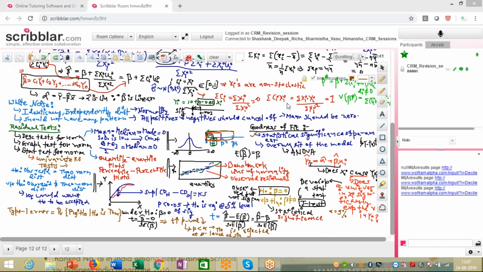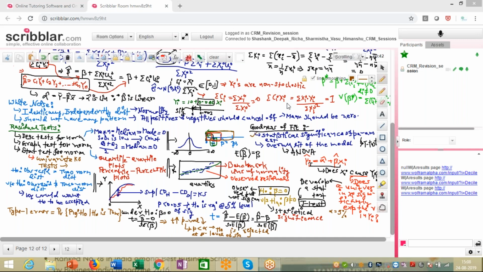Now, if I see that the actual chance of committing this type 1 error is very high relative to the cutoff value, then I will not take the risk of considering this as statistically significant. I will deem this as observed variation and I'll accept the null hypothesis.